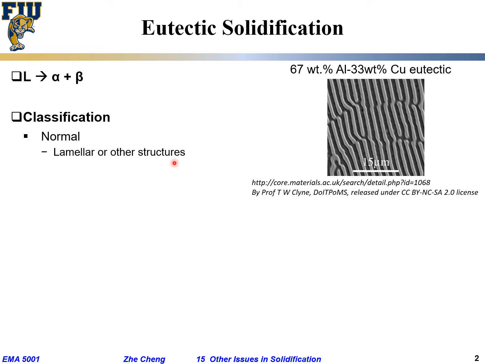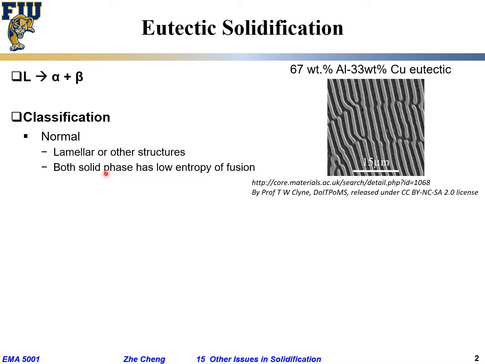This is due to the diffusion having limited distance, so as a result, in order for one single liquid to change to very different composition, it has to form this layered structure. Okay, at a given temperature.